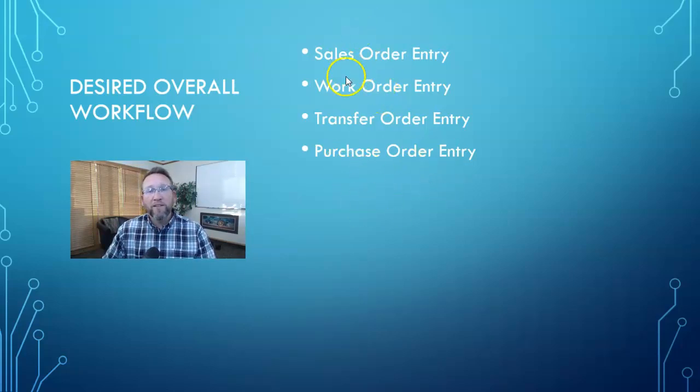So there's a lot of decisions that need to be made during this desired overall workflow step. We make best practice decisions, document those decisions. Let's keep going. Purchase order fulfillment. How will you use the software?